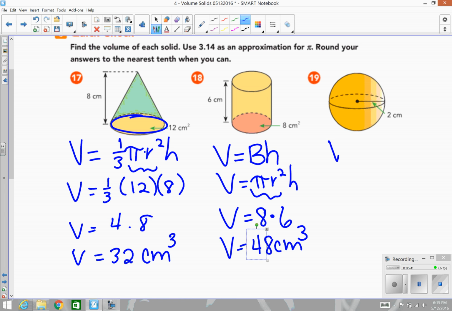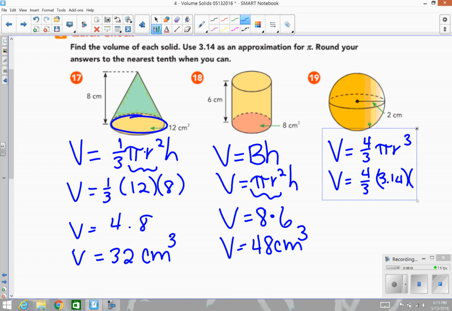Your sphere, volume equals 4/3 pi r cubed. Volume equals 4/3 times 3.14 times 2 to the 3rd power. Volume equals 33.5 centimeters cubed.